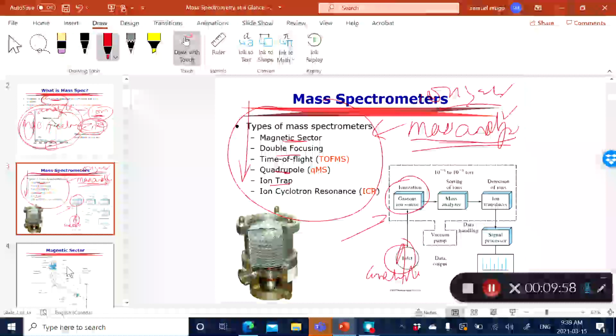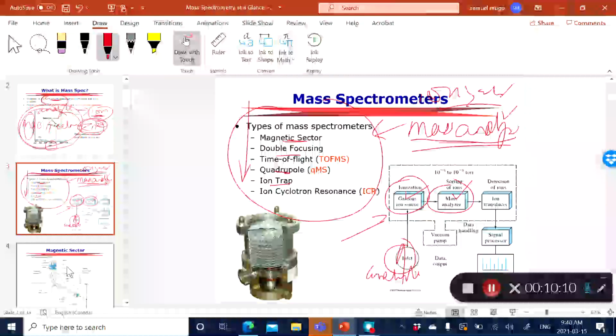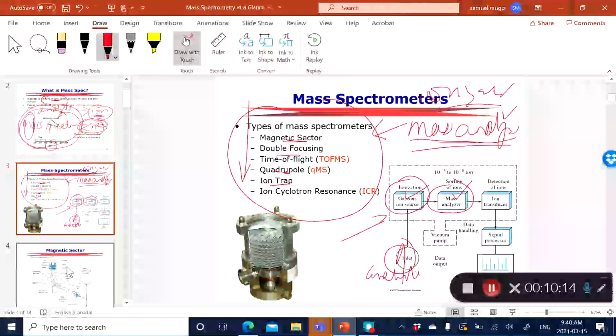Now, the other component is a mass analyzer, and I've mentioned the importance of the ionization chamber as well as the mass analyzer. There are many types of mass analyzers and many types of ionization methods that we're going to talk about as well.